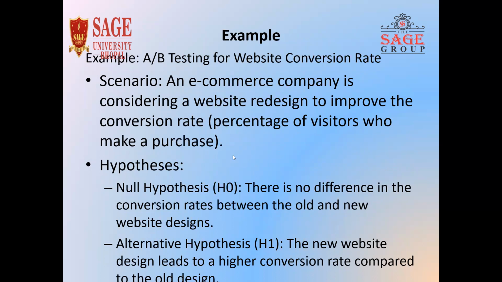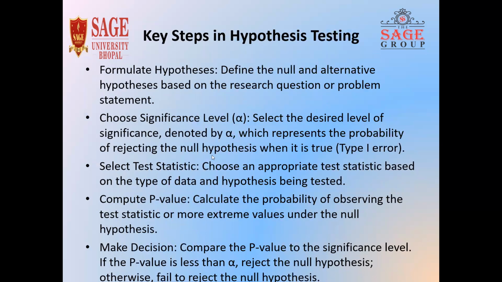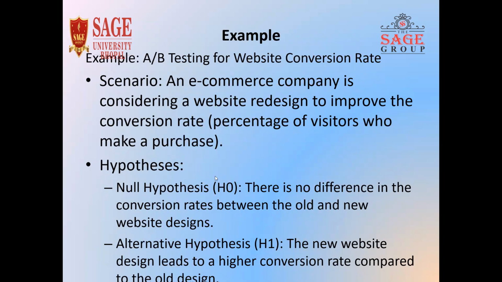For this, first I have made a hypothesis. First, the null hypothesis H0. This null hypothesis believes there is no difference in the conversion rate between the old and new website design.